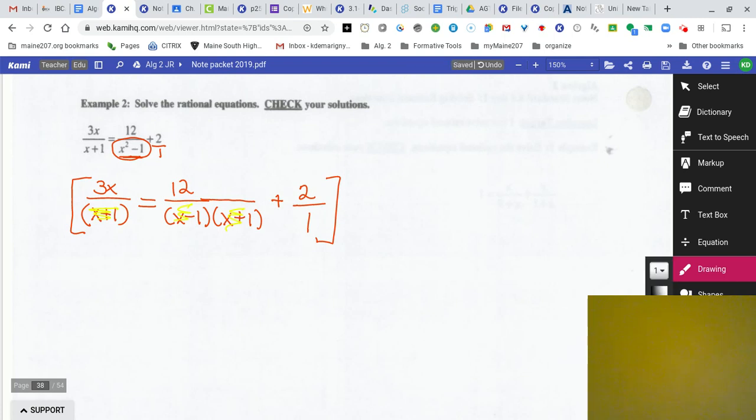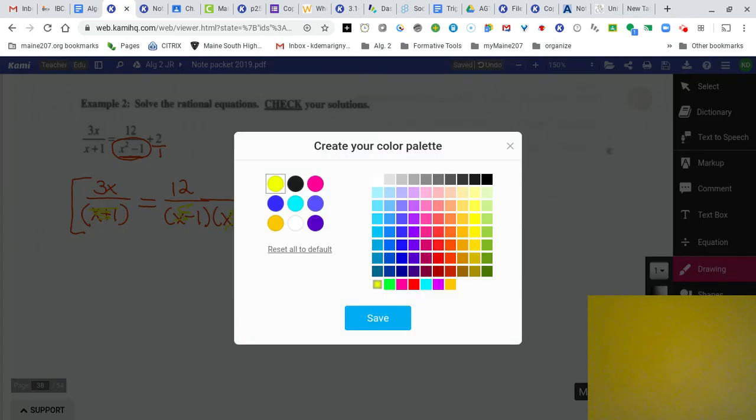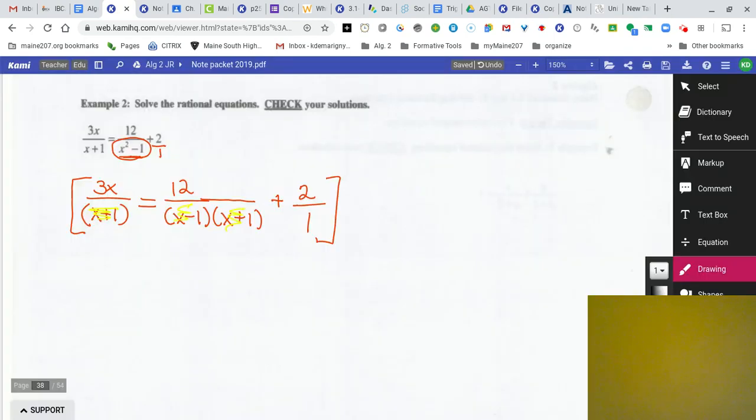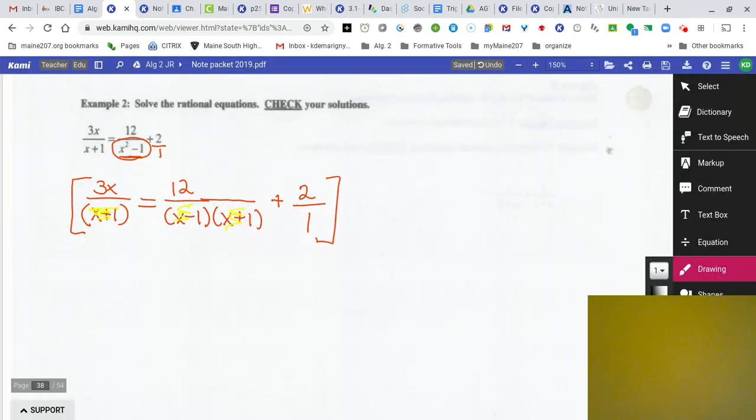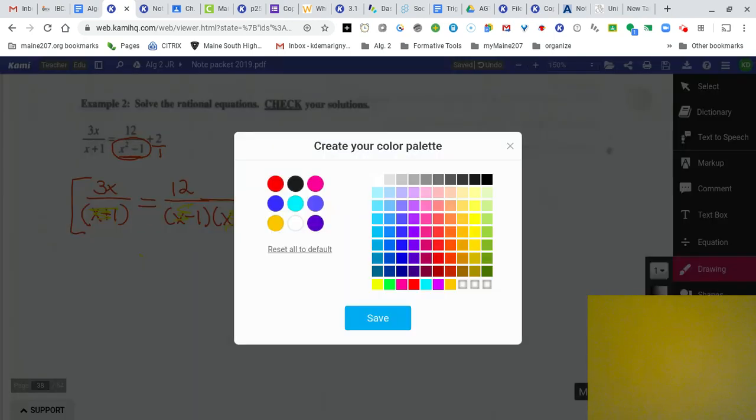So what I need when I get ready to solve this, let me get a red back up there for us. That didn't take a red for me, I don't believe. There we go. So I believe it's still yellow. You know how much I love technology. Create your color palette.